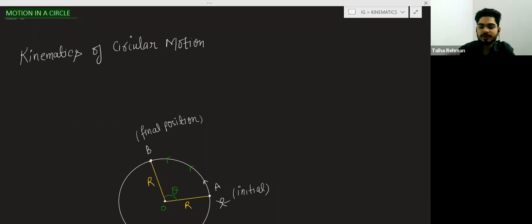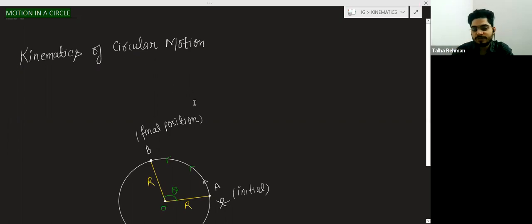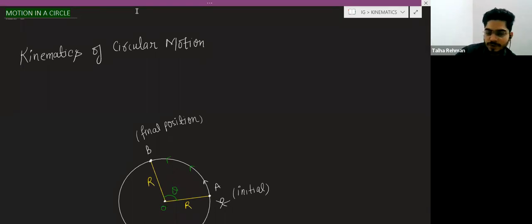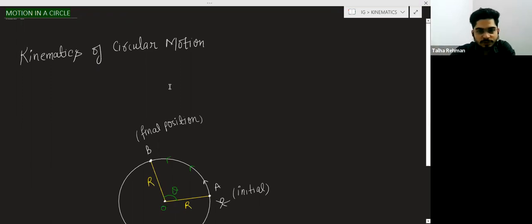Here we will not study the cause of the motion, only we will study things like angular velocity and displacement. These things we will discuss. Things which describe the motion we will study here, not the cause of the motion. So kinematics of circular motion we are studying.